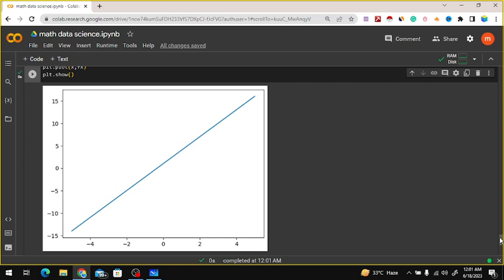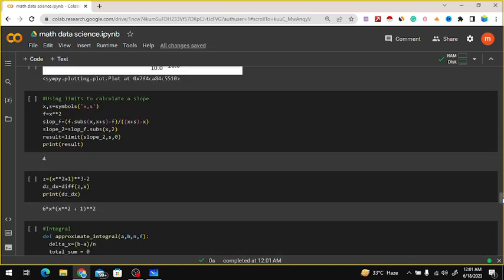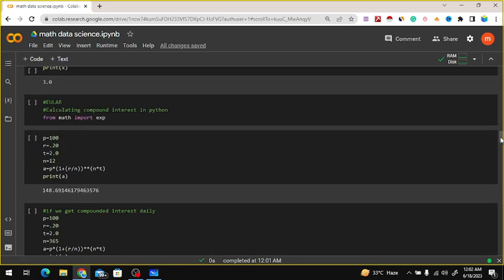It looks like a straight line, so I think it's good, and we can easily understand this value.